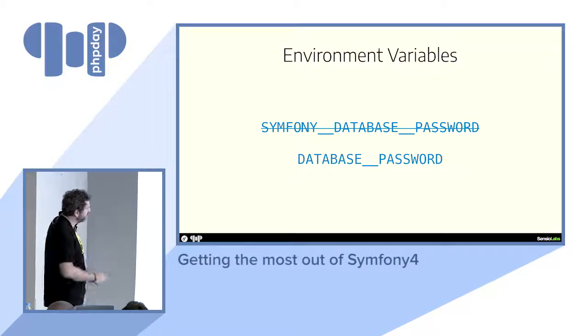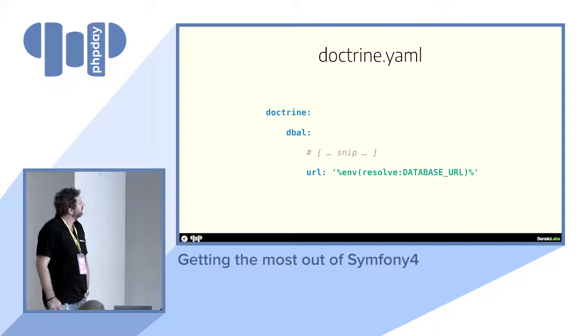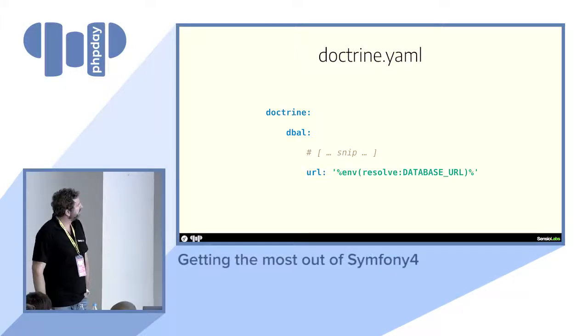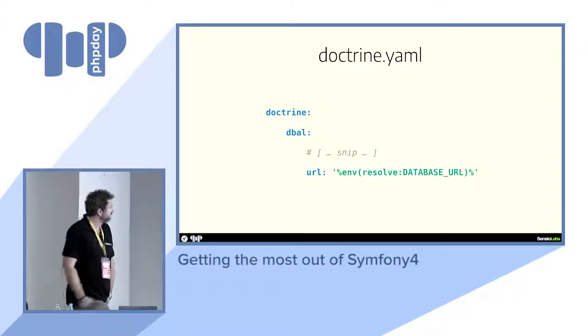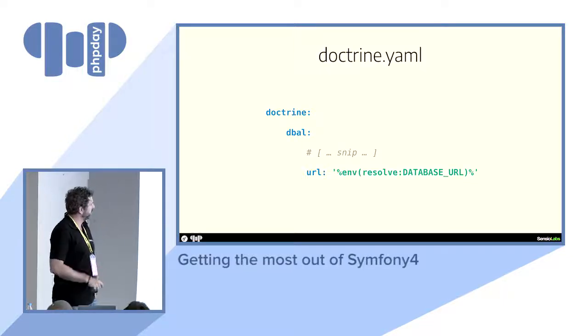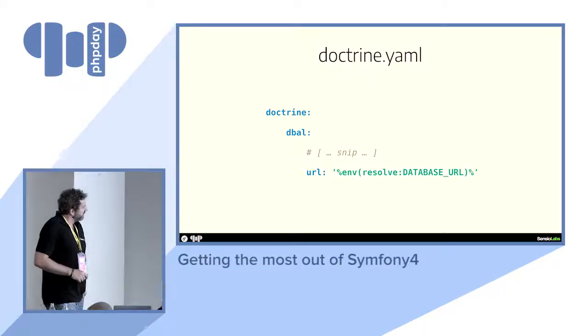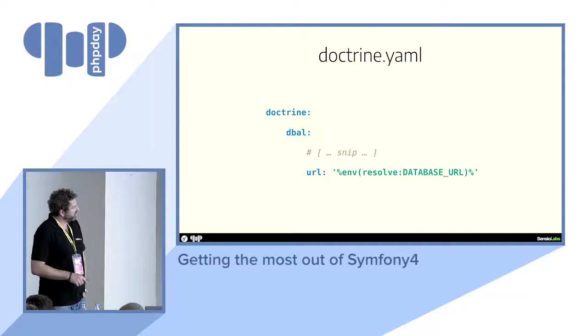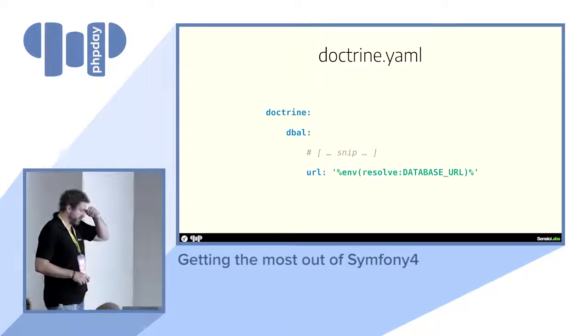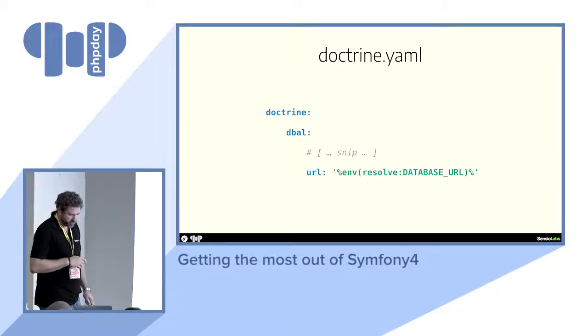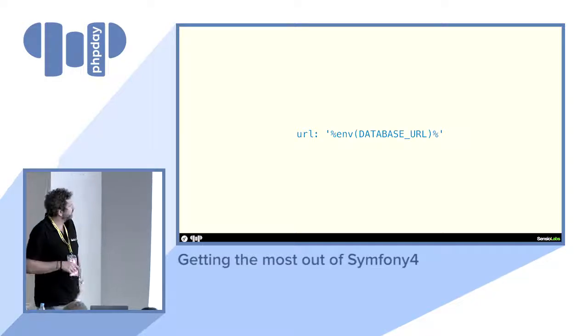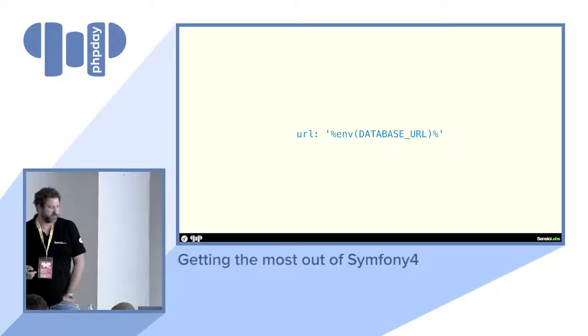If you want to use that one in your Doctrine YAML, for example, so I cut some uninteresting stuff, it might look like this. You have your database URL, and I'm going to shorten that a bit for the time being, for starting the explanation.